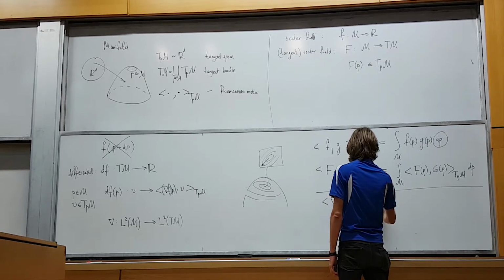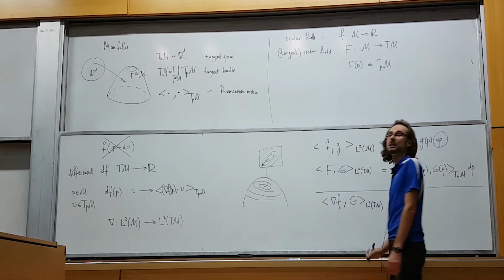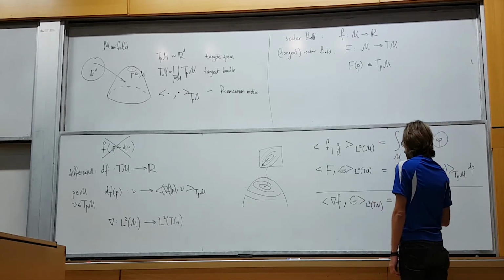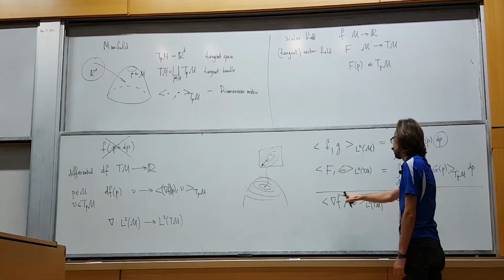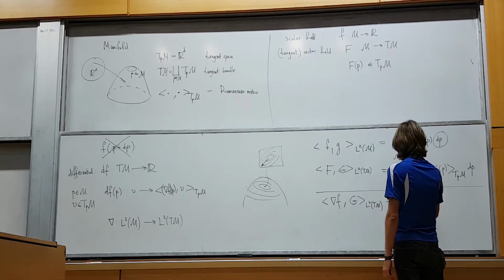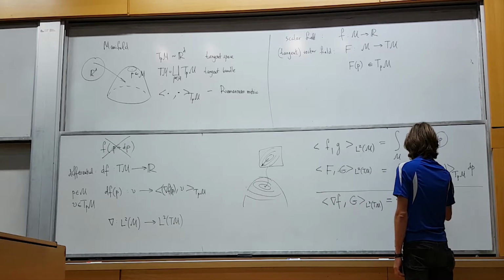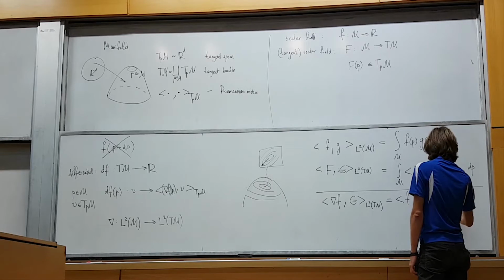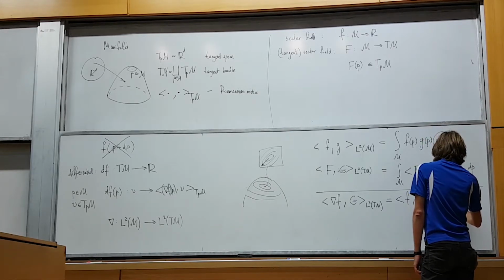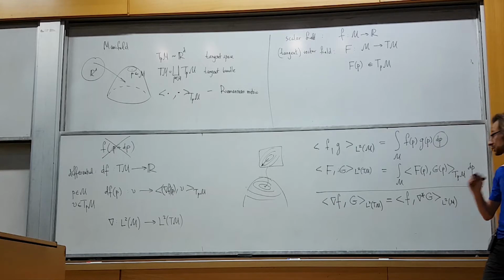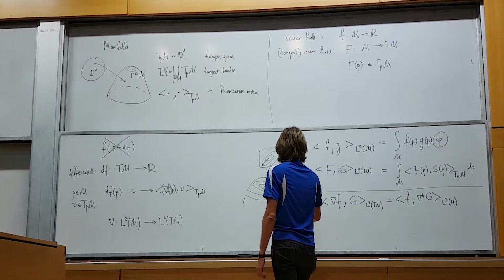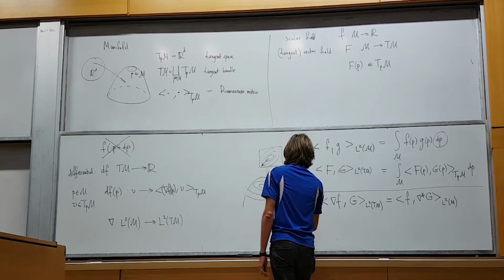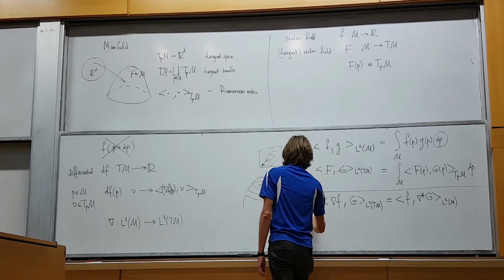The inner product is defined on the Hilbert space of vector fields, and this should be equal to f with the adjoint operator acting on g, where the inner product is defined on the space of scalar fields. This should be true for every scalar field f and every vector field g.